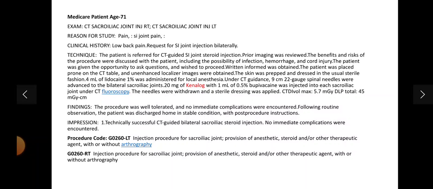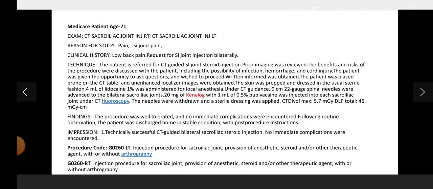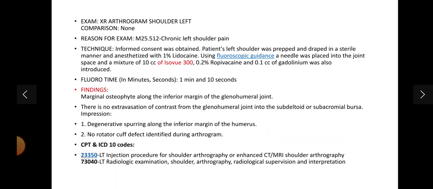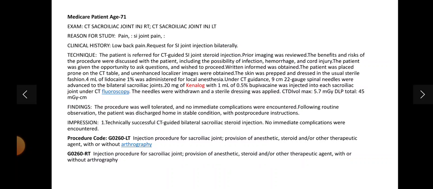So this is the proper documentation and coding for the procedure. You can understand the difference here: one is with contrast and one is done with a steroid injection. Both have different codes, and you see the documentation as well for how to code this procedure.